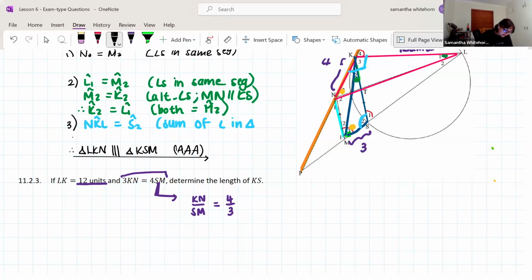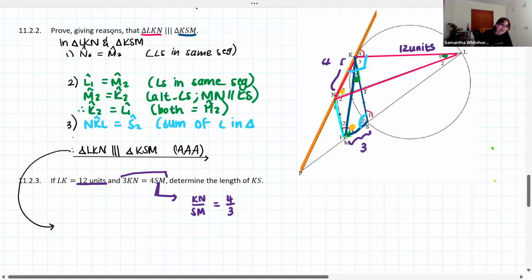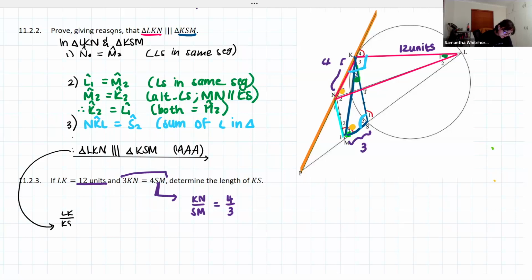So this is now where we take the similarity statement and we set up those ratios. So remember, it's the first two, LK over KS, is equal to the second two, KN over SM, is equal to the first and last, LN over KM. And we know this is true because corresponding sides in proportion.